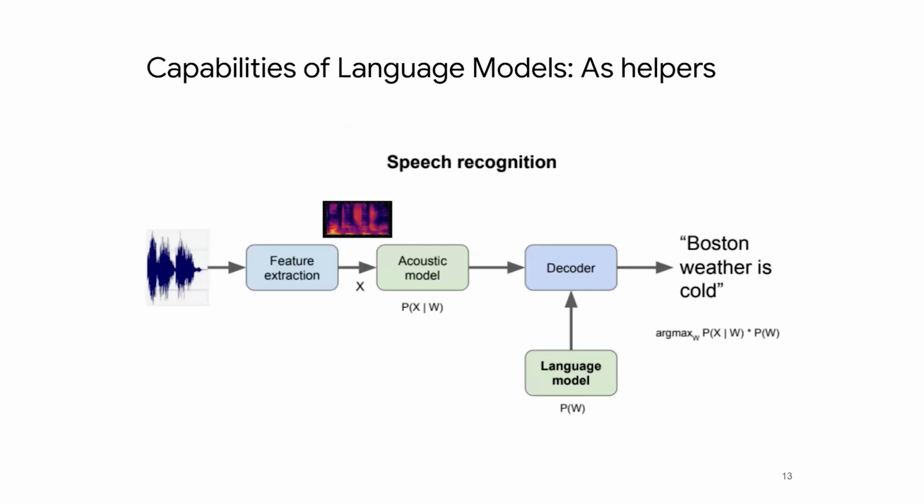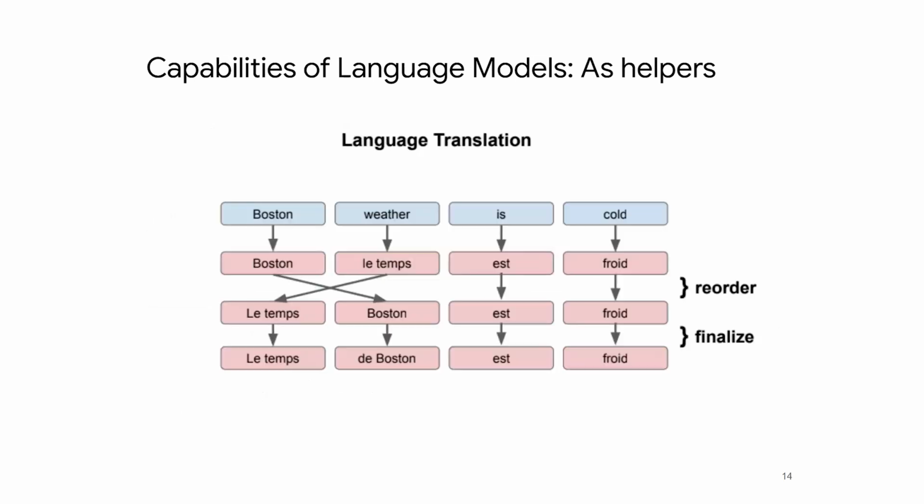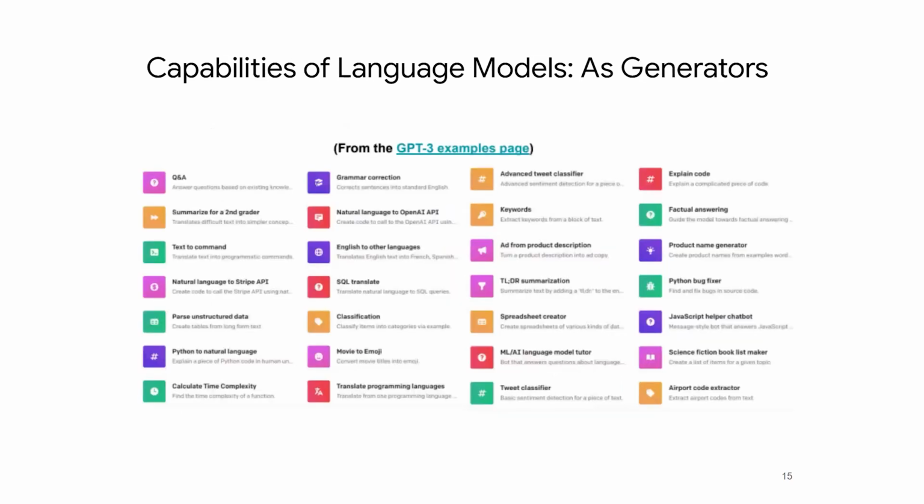So the capabilities of language models: they're capable of things like speech recognition. They can work as helpers, for example to reorder and reorganize things, and as we've seen, language translation. They can do things like QA, grammatical correction, summarization, code prediction now, extracting keywords, factual question answering, fixing bugs, and classification itself.